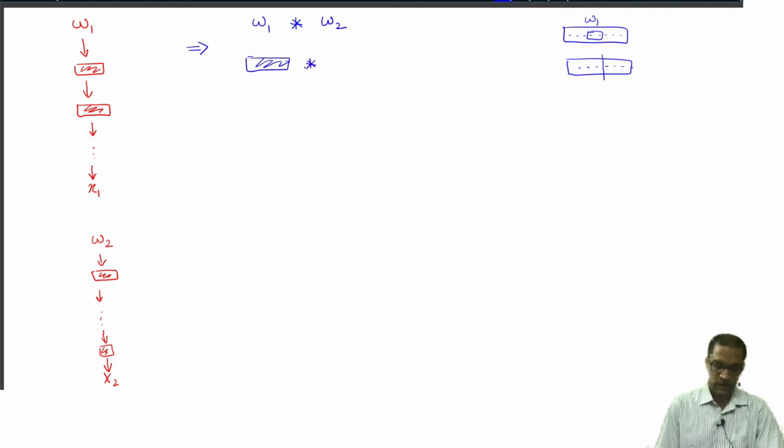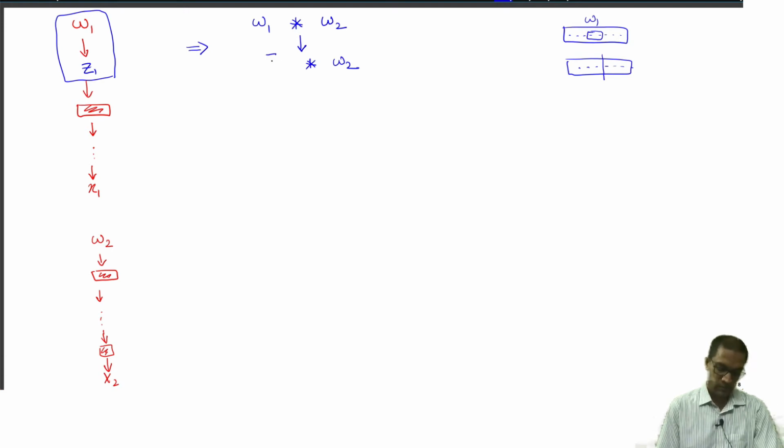And for the next step in the chain, I'll do the same thing: I concatenate W2 to that word. Now, if this second word can be obtained from the first one by some basic rewriting rule, then it follows that W1 star W2 will lead to that word star W2. So maybe I should give this a name. This intermediate step, suppose I call it Z1, that's my word.